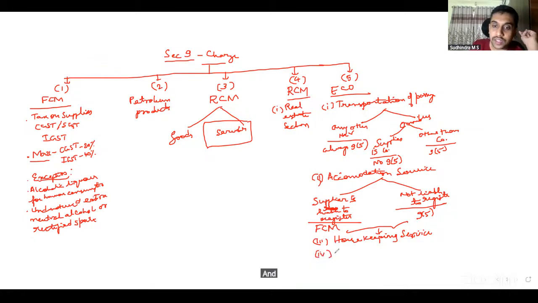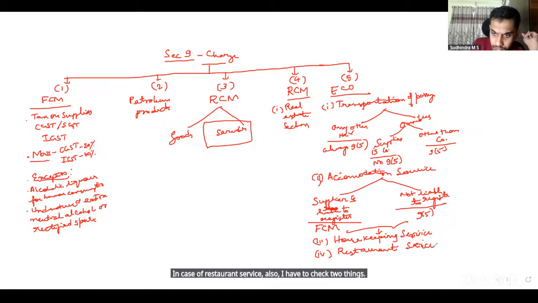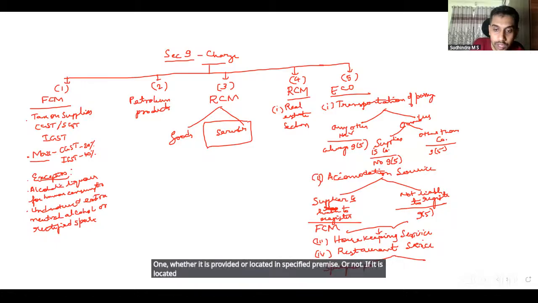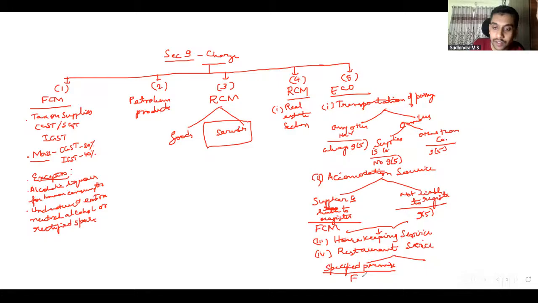And last one there is restaurant service. In case of restaurant service, also I have to check two things. One, whether it is provided or located in specified premise or not. If it is located in specified premise, 9.1 applies, forward charge.